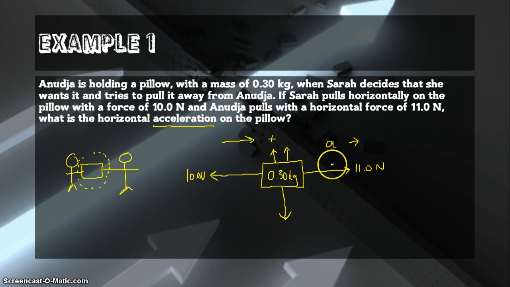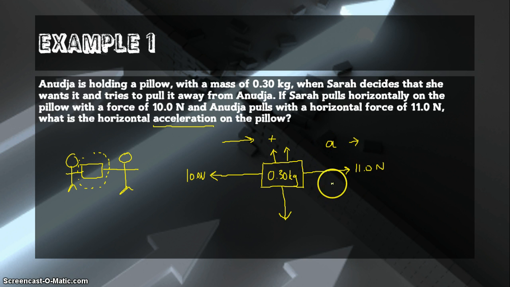It's only accelerating to the left or right, because each is exerting a horizontal force. So they're each supporting that, and they might not be equal, but they're each holding it up as well, making sure that it's not falling to the ground.